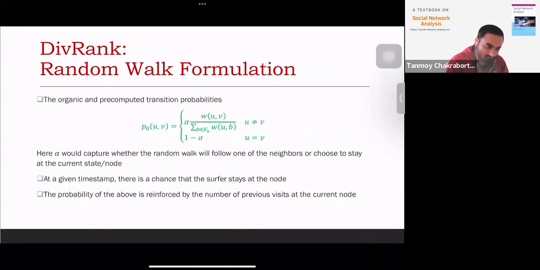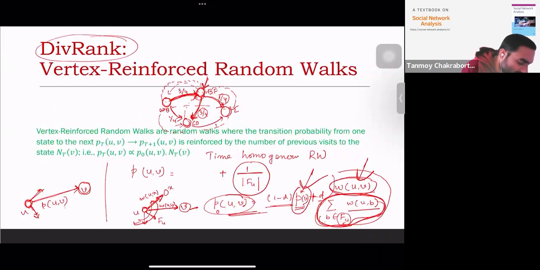Now, in case of DivRank, I'm changing something. What I'm saying is that I define something called time heterogeneous random walk, right? And this is also called vertex reinforced random walk.